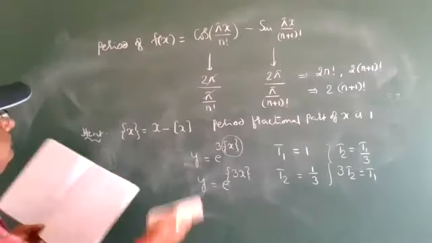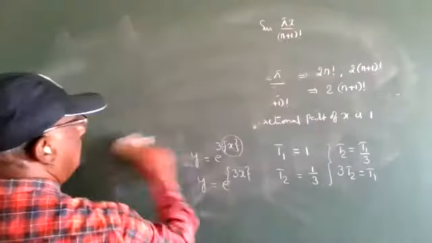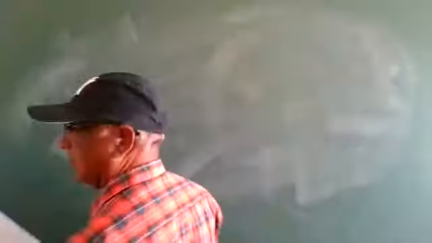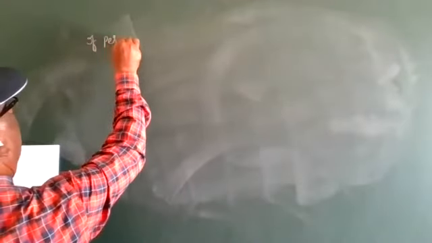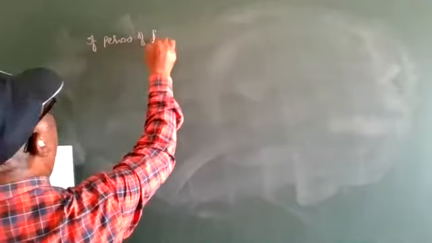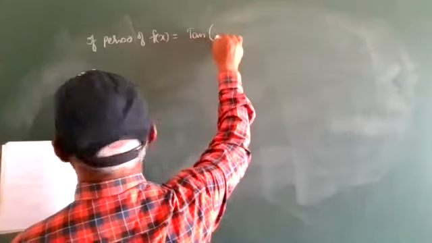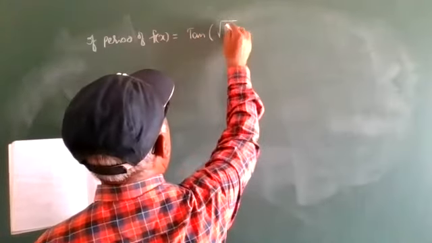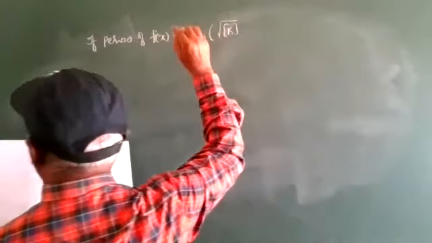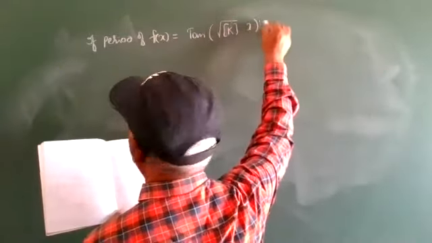Next, everyone observe. If the period of f of x is equal to tan of root of step of k into x is pi.